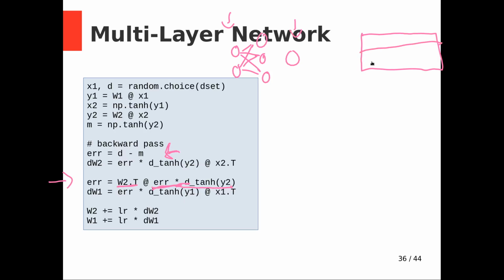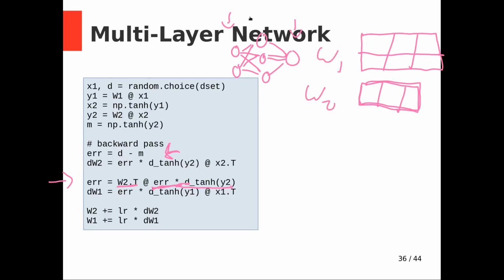Therefore, it is a 2 by 3 matrix, right? The second layer is 3 inputs to 1 output. Therefore, it is a 1 by 3 matrix, right? So this is 2, this is 1, right? I'm calling this layer 1 and this layer 2.